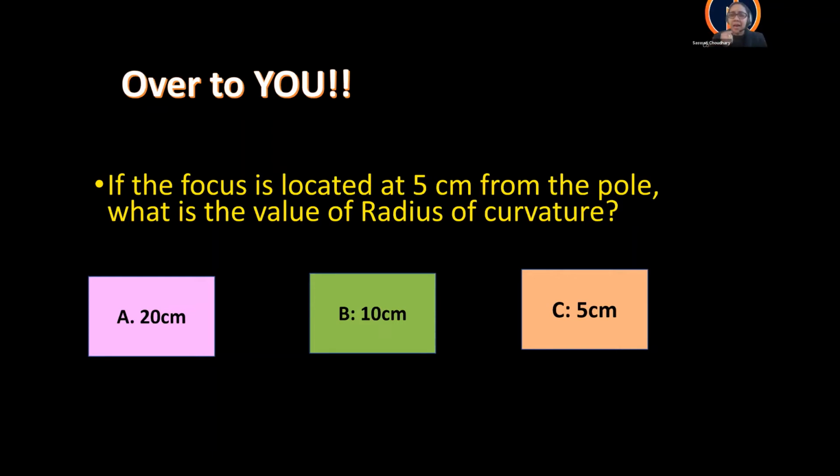I hope you have answered it correctly from the relationship R equals 2F. So your correct answer is 10 centimeters. The focal length is 5 centimeters, so of course the radius of curvature will be 10 centimeters. Okay. Well done. I'm so proud of you.